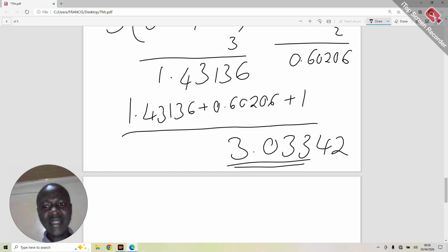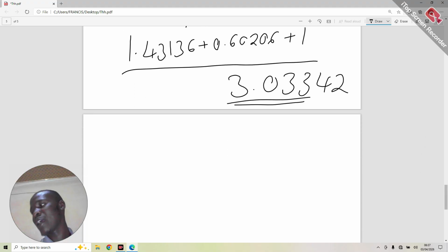By the way, it is very much advisable to write the whole answer unless the question guides you to leave your answer in 2 decimal places or significant figures or whatever the question is directing. But if not, just write the whole figure. You will be safer to get the answer.